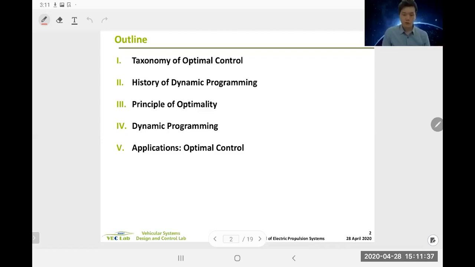So we will move fast, but we still want to learn how those optimal control theories are derived and how they work, the philosophy and principles behind them, and how we can use them for our needs.